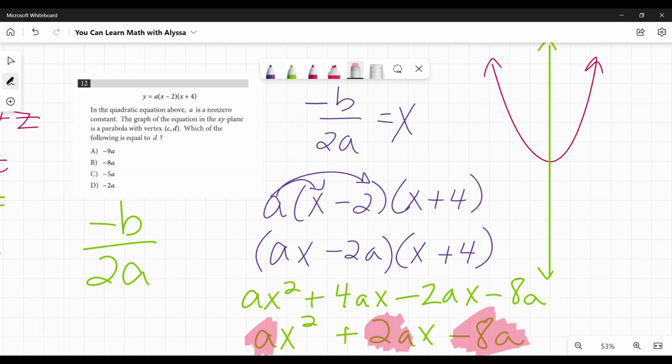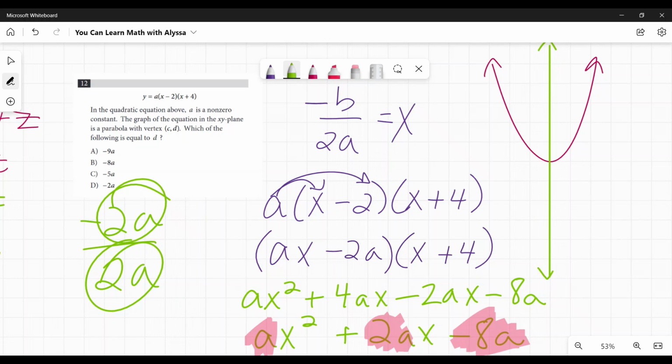That's what that negative means, do the opposite. So that's going to be negative 2a. And then the bottom is 2 times the first constant. Well, the first constant is a, so 2 times the first constant is 2a.